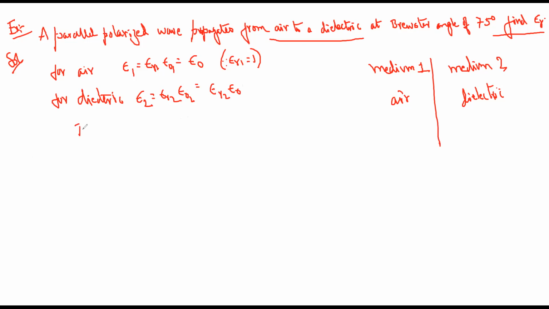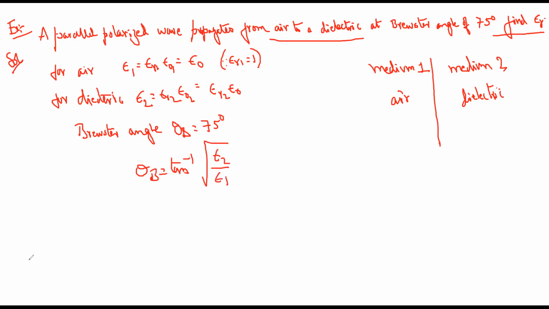So the Brewster angle is given, represented as theta p, and that angle is 75 degrees. What is the Brewster angle? Theta p is equal to tan inverse of the square root of epsilon 2 by epsilon 1.